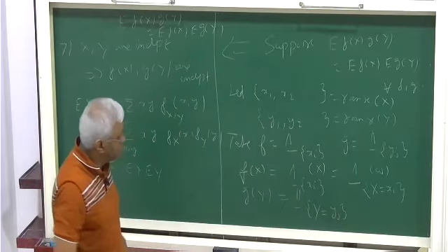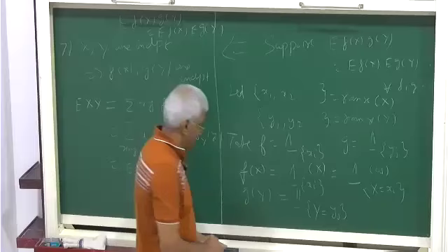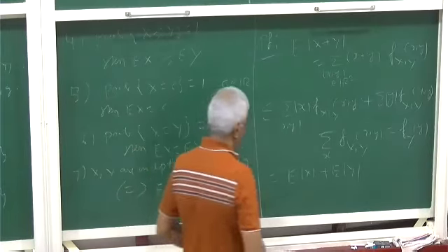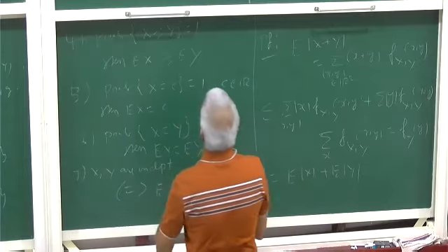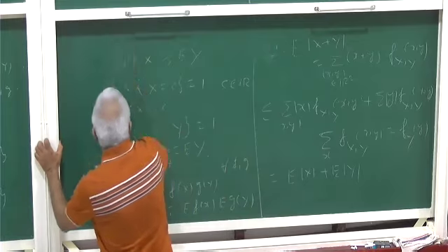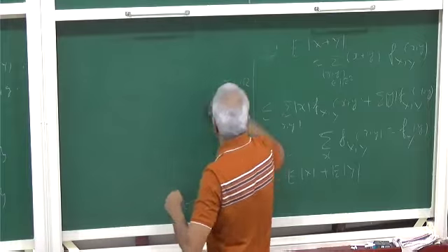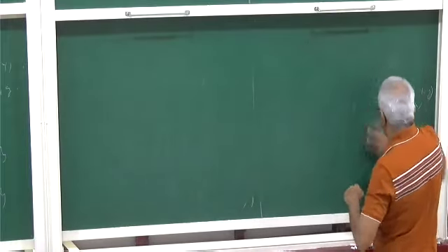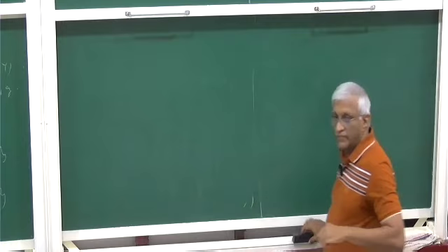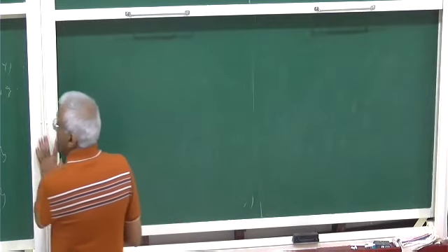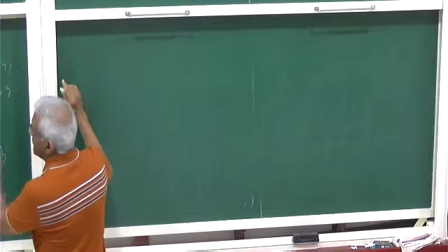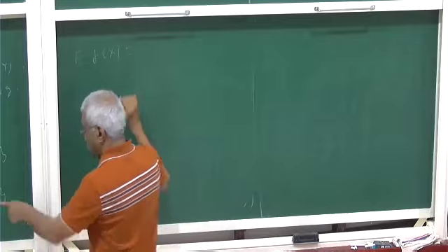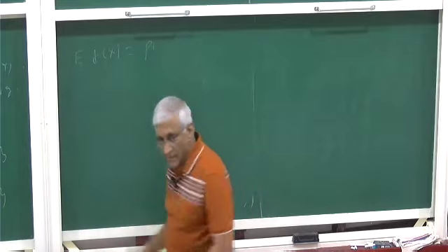Now you just write the condition. e of f of x is equal to the probability of that, right?